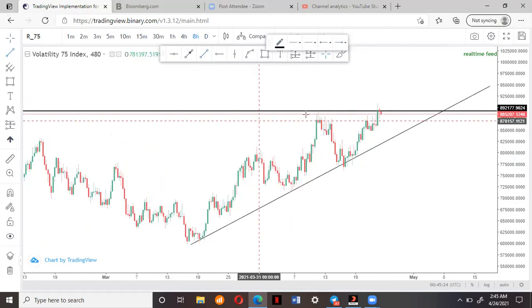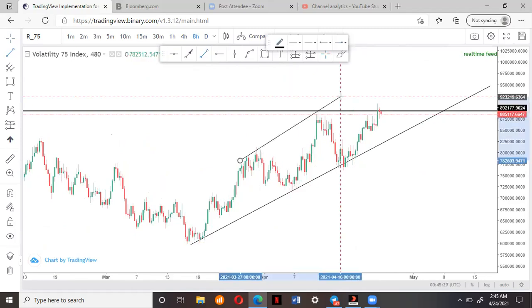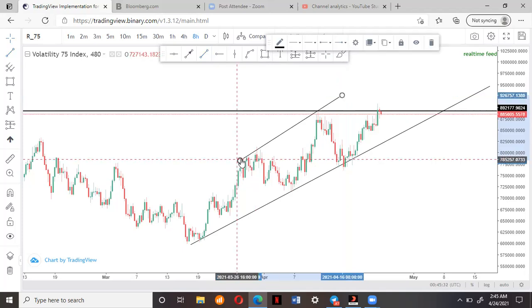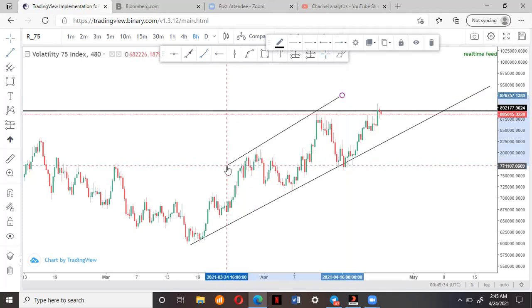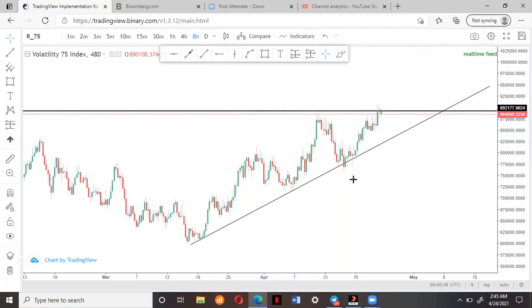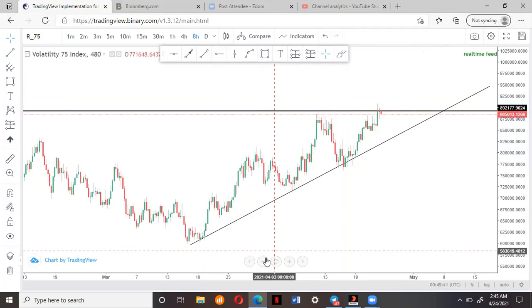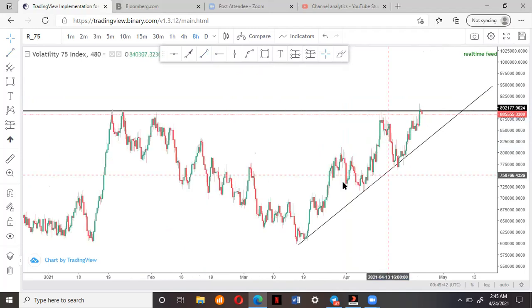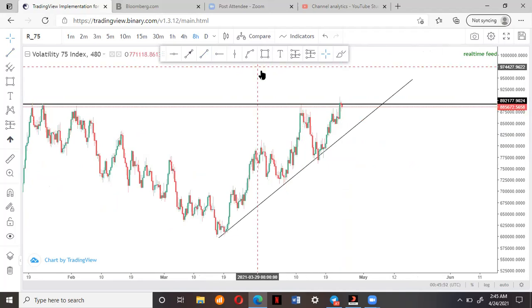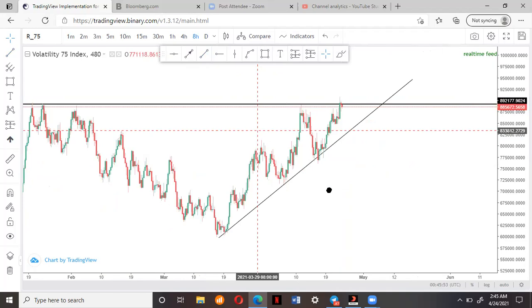We can see here this one is irrelevant because we cannot rely on it. We cannot really rely on this trend line here, the one below this one. So judging from this present chart, we can tell that we are still going up.